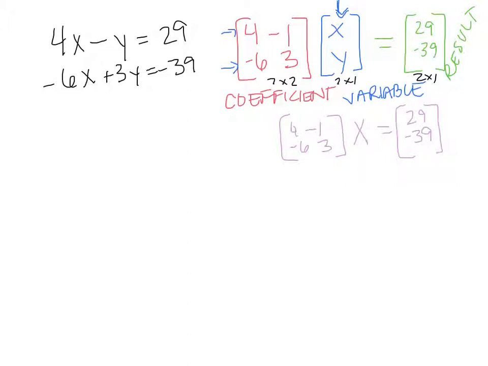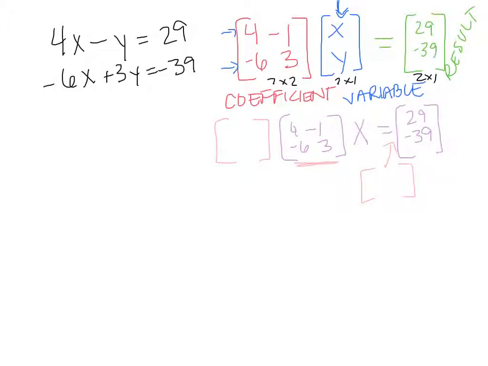So how are we going to actually solve this? Remember, what we're going to have to do is multiply both sides by the inverse of this first matrix. That matrix is going to go there, since we multiply on the left side, and we're going to multiply on the left side again.